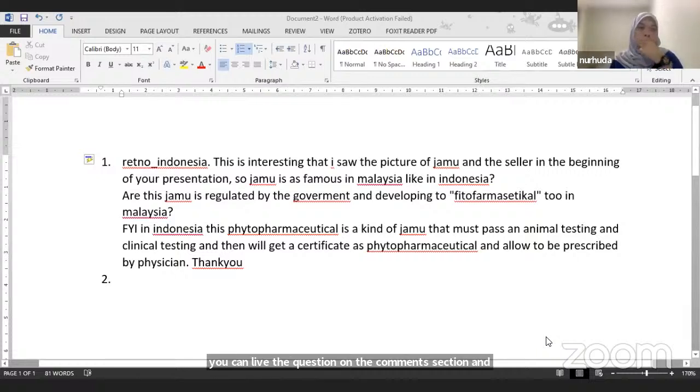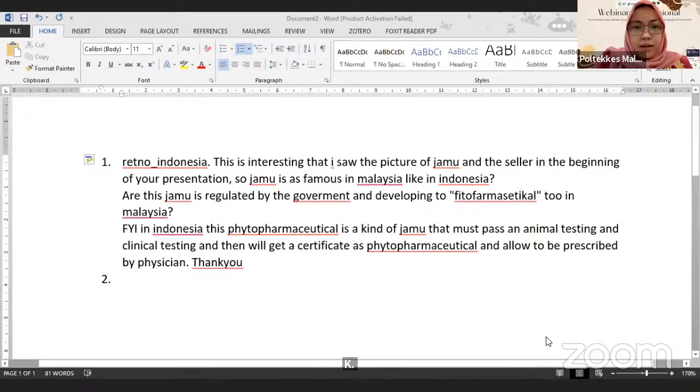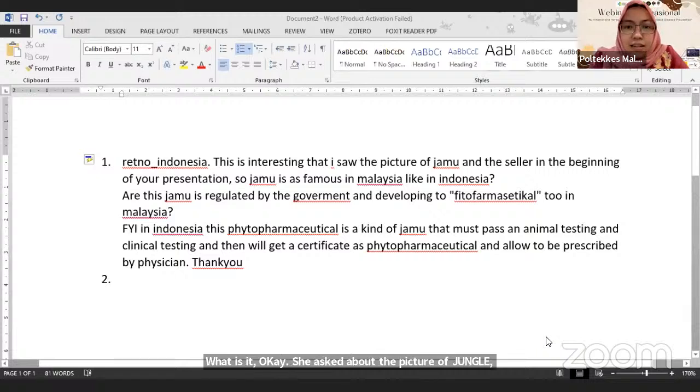And now we have one question right now, Doctor, from Ms. Retno Ika. She asked about the picture of jamu, and whether it's famous also in Malaysia, because it's a famous herbal drink in our country.